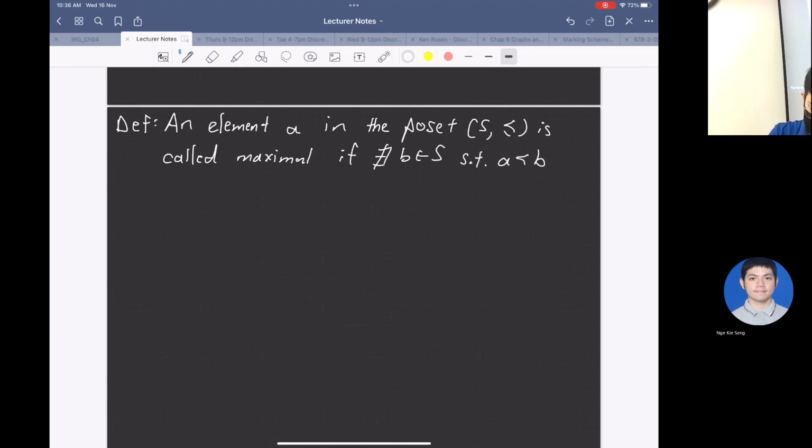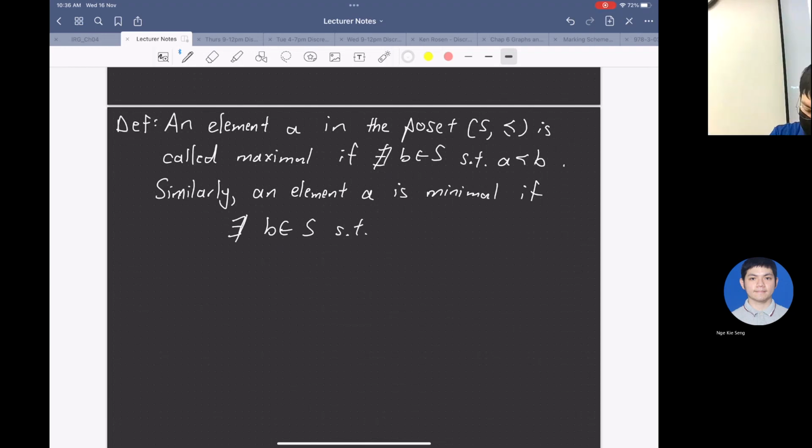Similarly, an element is minimal if there's no element that's less than it.